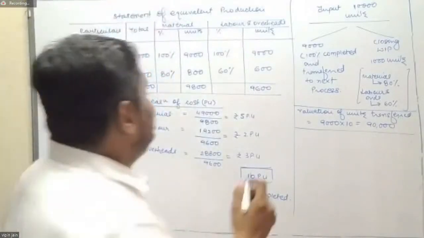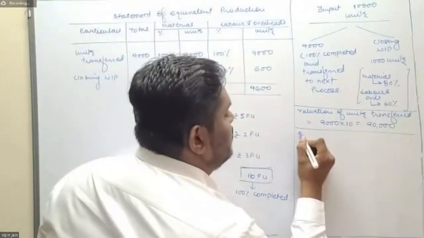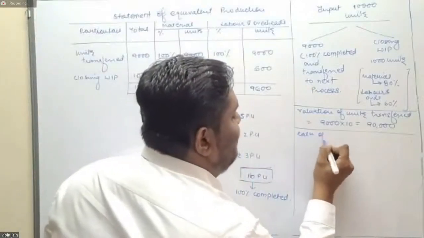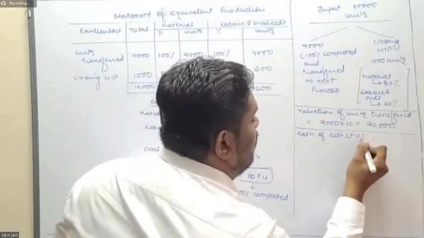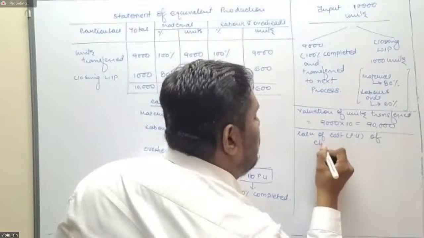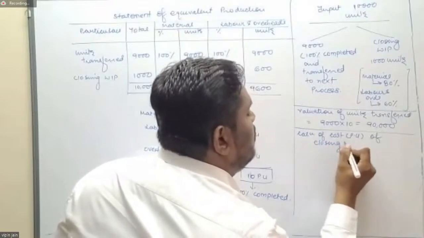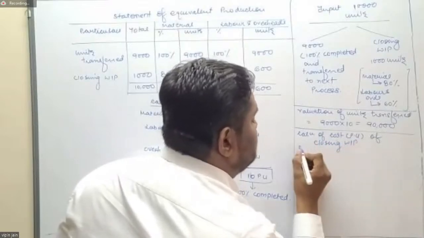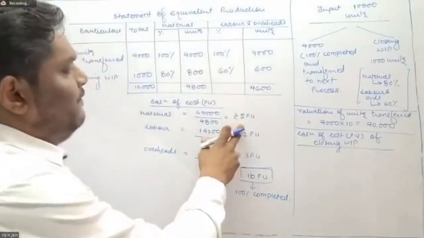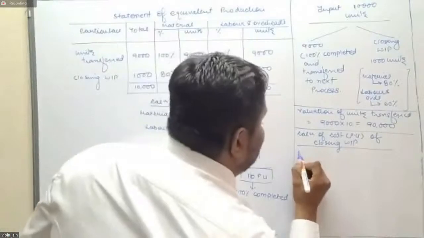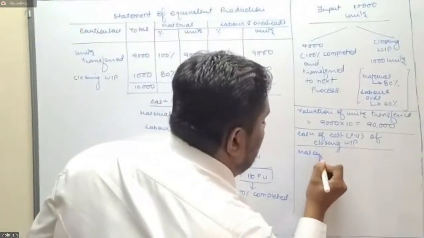So let's calculate the cost per unit of closing work in progress. Again, material cost is rupees 5 per unit.